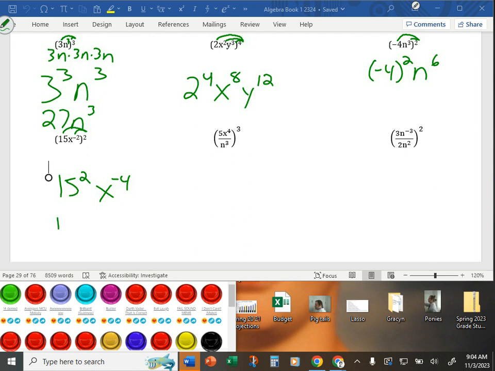Our final answer is going to be 15 squared over x to the positive 4th. A negative exponent means it's in the wrong spot in the fraction, so we move it to the correct spot. That's all it means. And the reason it's negative is because the rule with a negative exponent to start with, negative 2 times 2, gives us negative 4.